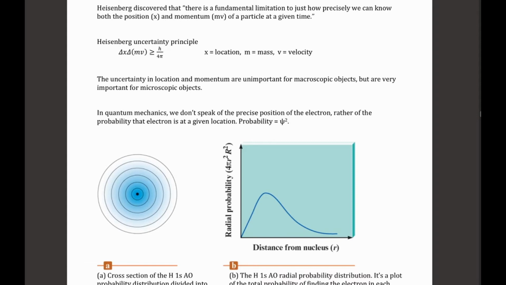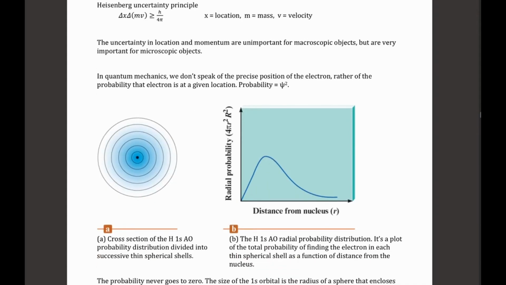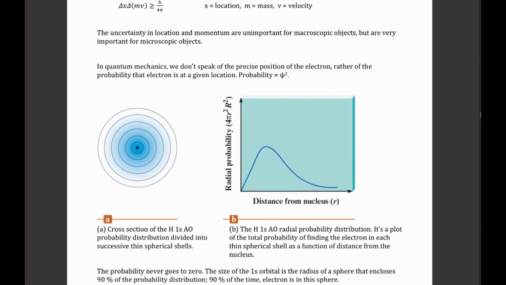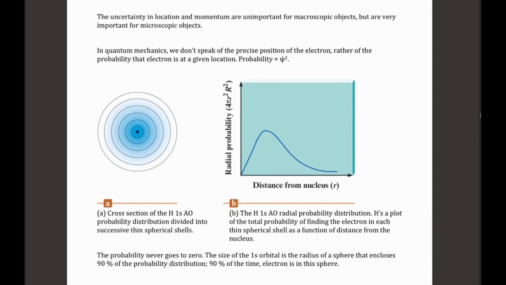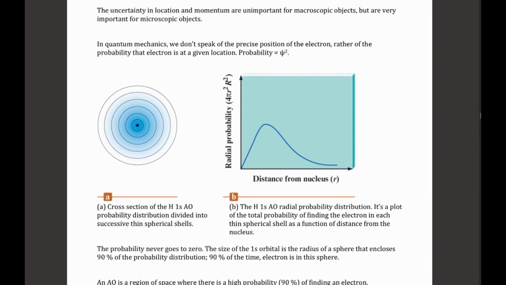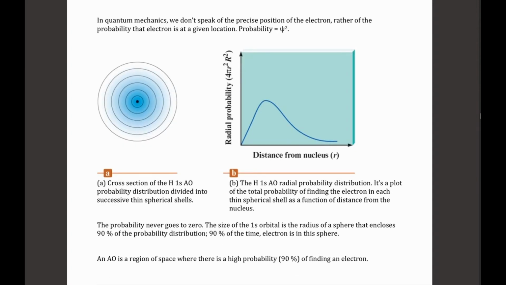The uncertainty in location and momentum are unimportant for macroscopic objects, because we can say for sure where a ball is and how fast it's moving, but are very important for microscopic objects. In quantum mechanics, we don't speak of the precise position of the electron, rather of the probability that the electron is at a given location. And the probability turns out to be psi squared.